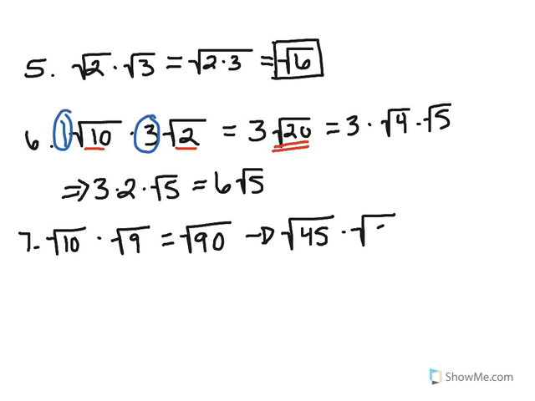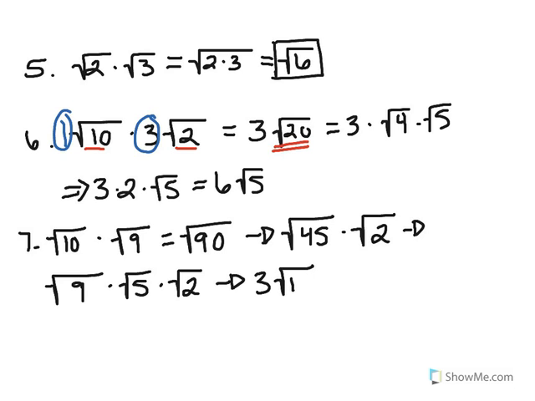So 45 times 2 gives me 90, and then 45 can be broken down into 9 times 5. So the square root of 9 is 3. 5 is prime and 2 is prime, so that's as simplified as that gets. And that's my final answer. And this concludes this tutorial.